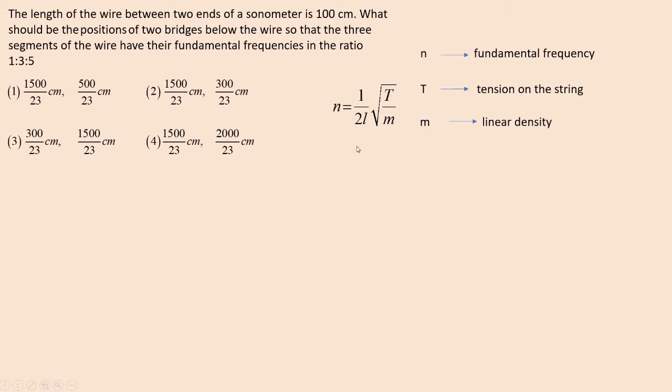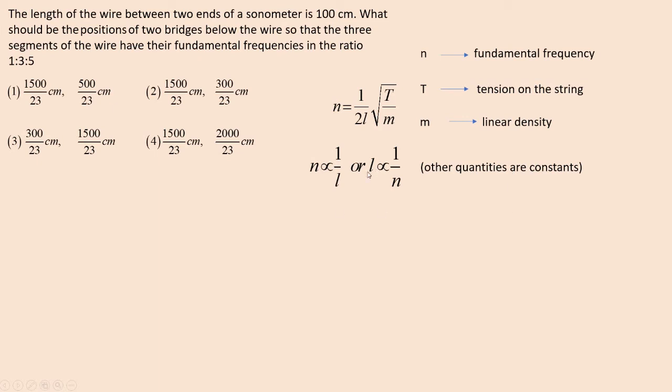From this formula we observe that N is inversely proportional to L, when T and M are constants. Or we can also say L is inversely proportional to N. Other quantities are constants.